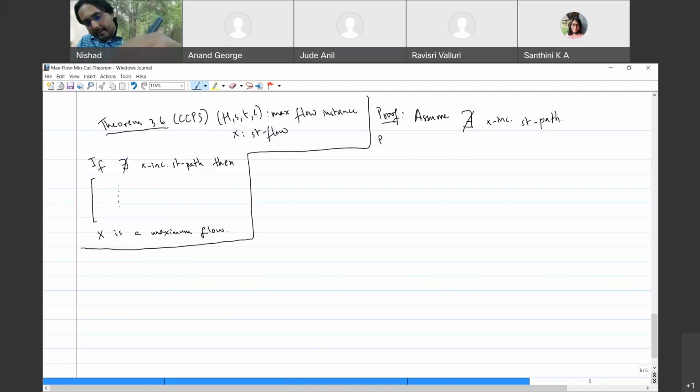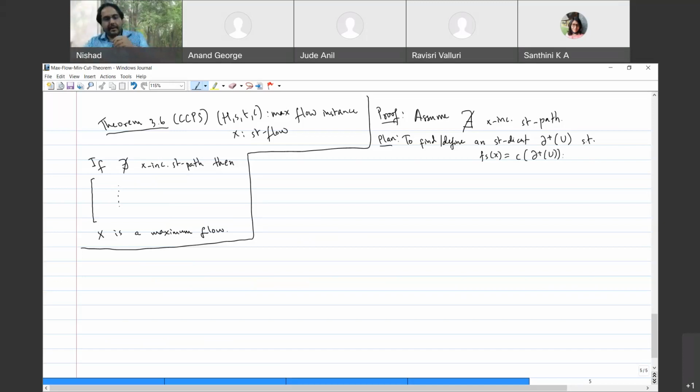The plan is to find or define an ST dicut, delta plus of U, such that the value of this flow is exactly equal to the capacity of this cut.